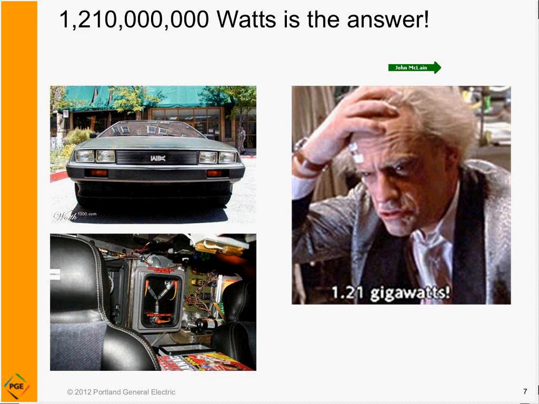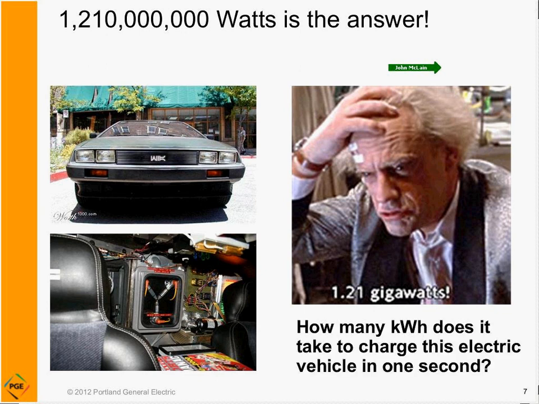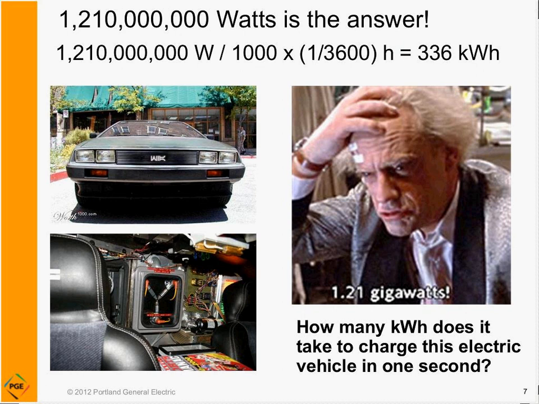Now the other question, by way of example, that he might ask is, how many kilowatt hours does it take? What am I going to see on my electric bill every time I use this time machine? How much is it going to cost me in kilowatt hours? Here's the math. The math is 1.21 million watts, or 1.21 gigawatts, divided by 1,000.